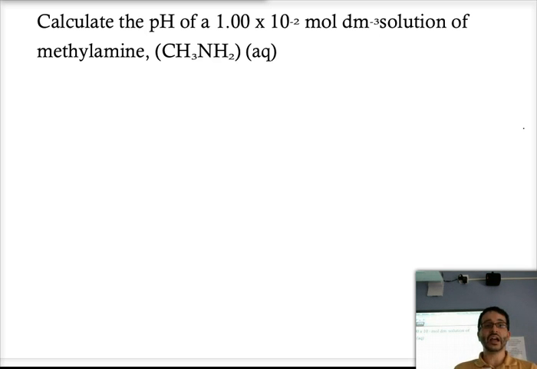And if we look at the backside of table 15, we can find methylamine, which is what we have in this particular case. And it has a value of pKb. And the value of pKb is 3.34.